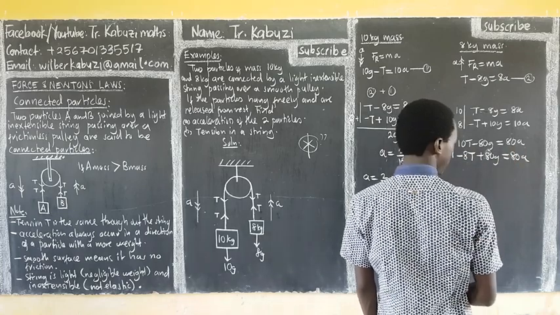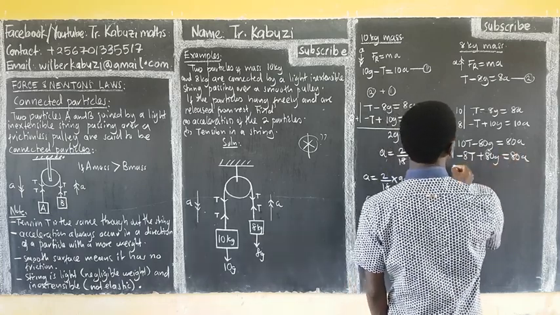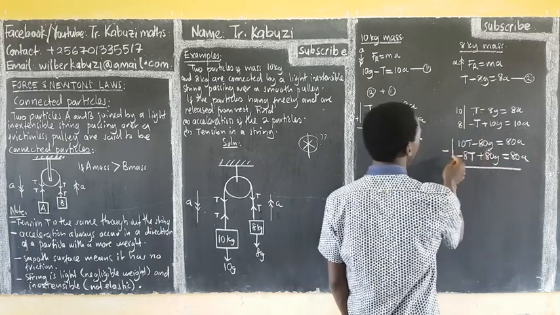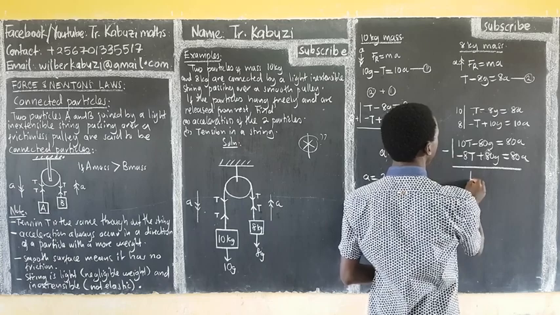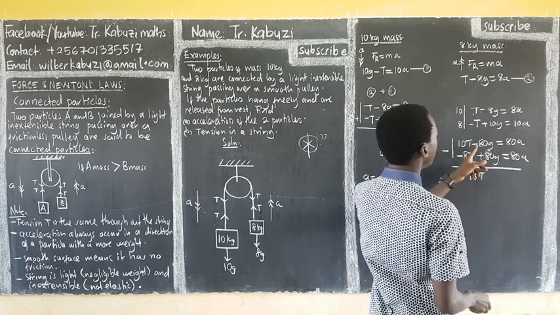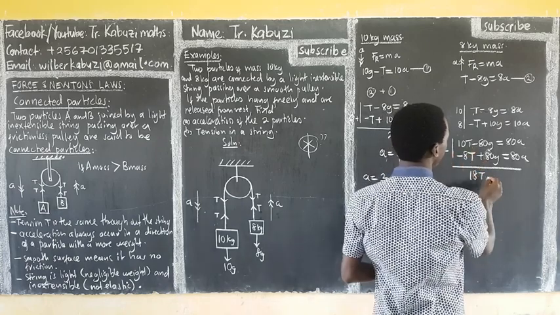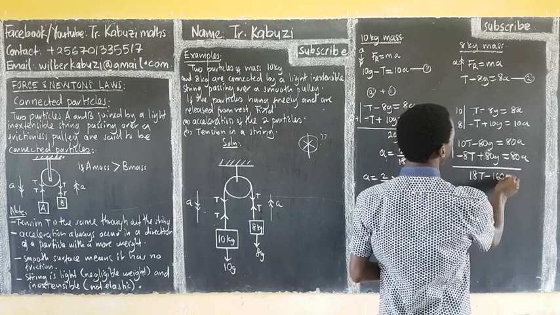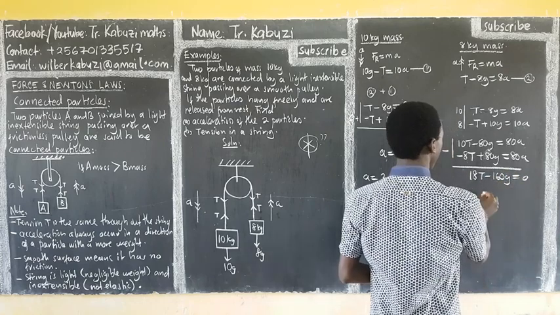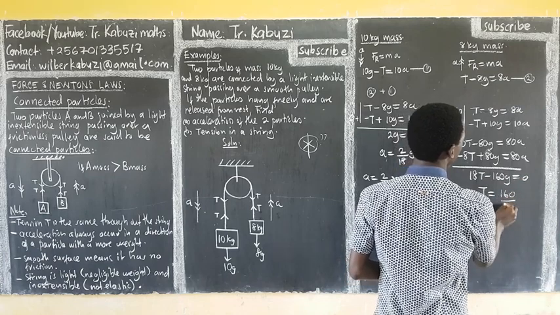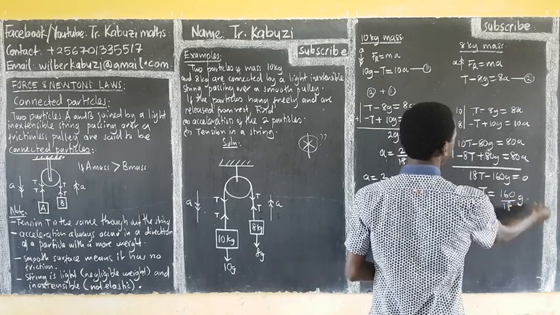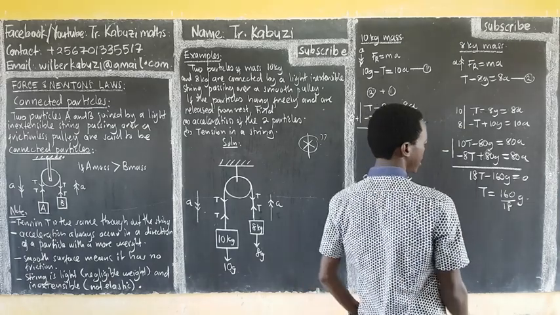Then you subtract, since they have the same signs. So this minus this, you get 18T, and minus 160g equal to 0. So our tension from here will be 160 over 18 g.